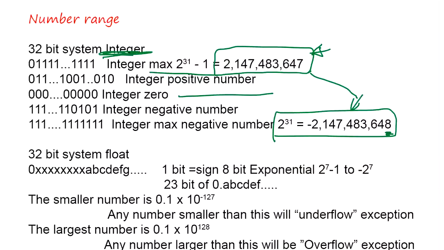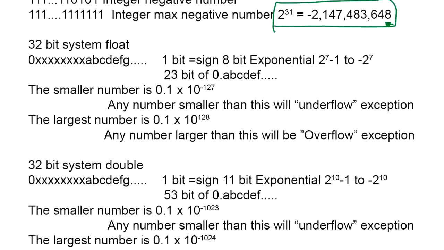Okay, so a 32-bit float is a floating point system. Floating point has a sign bit and 8 bits of exponent, and the details, ABCD, is 0.ABCD, a 23-bit detail value.